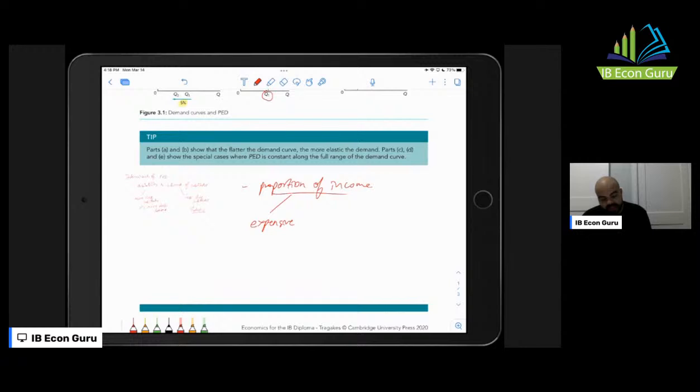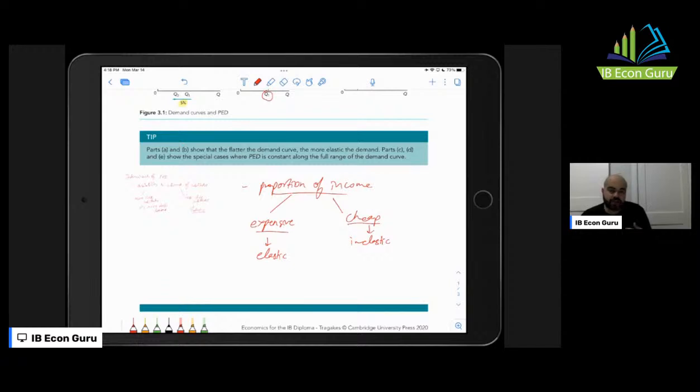So if a product is expensive, which means it takes up a large proportion of the consumer's income, demand will be more price elastic. If the product is cheap, it doesn't take up much of the consumer's income, the consumer will be less sensitive to price changes. Okay, they will barely even notice.